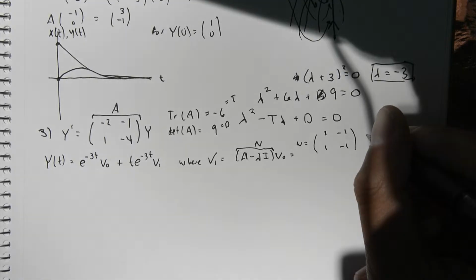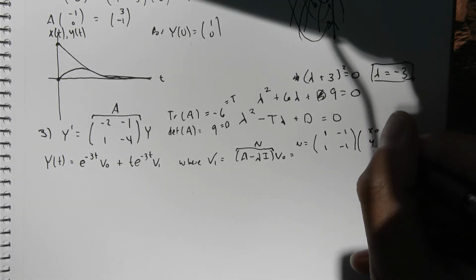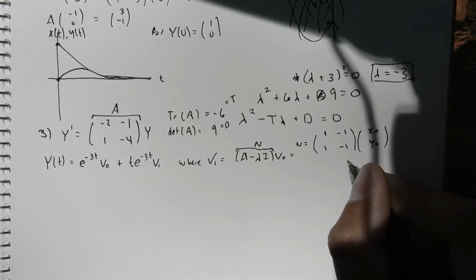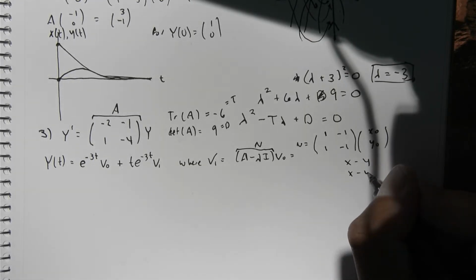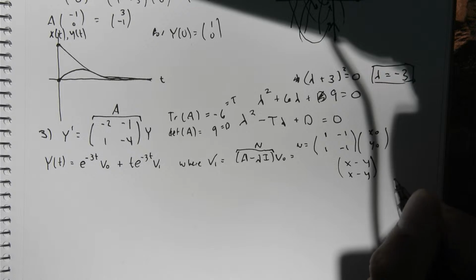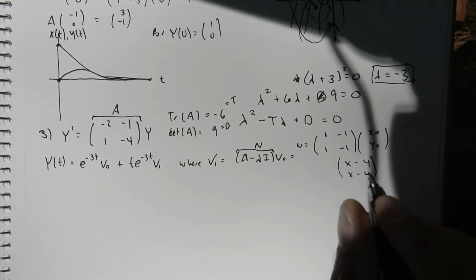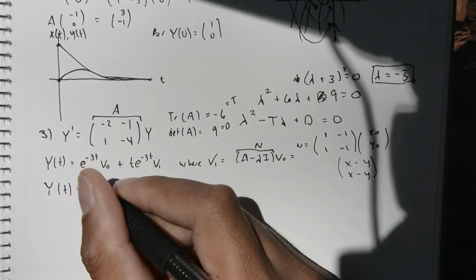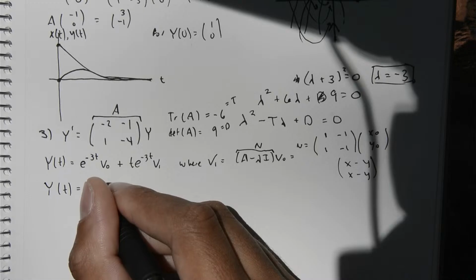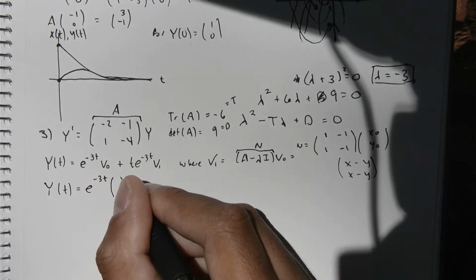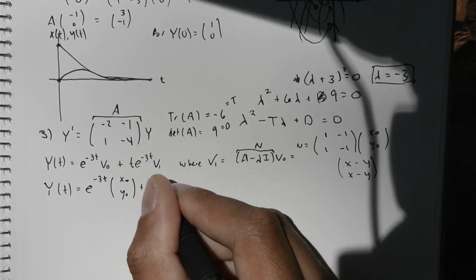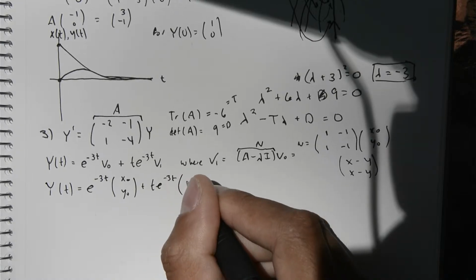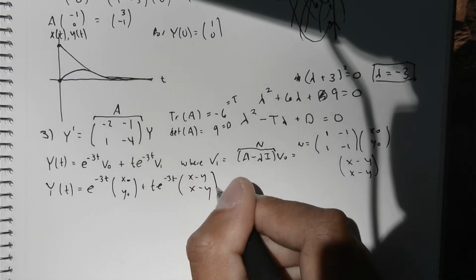Okay, so then this times x0, y0 is going to be equal to x minus y, x minus y. So then our general solution should be y of t is equal to e to the minus 3t times x0, y0 plus te to the minus 3t times x minus y, x minus y.